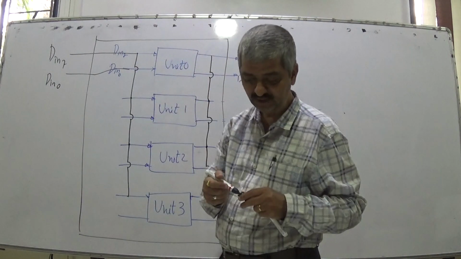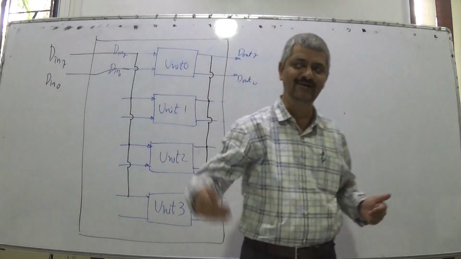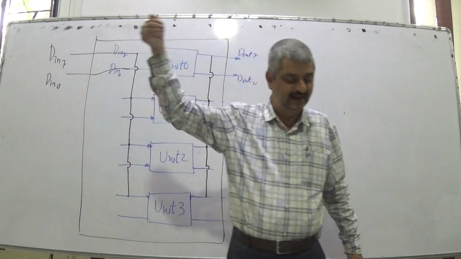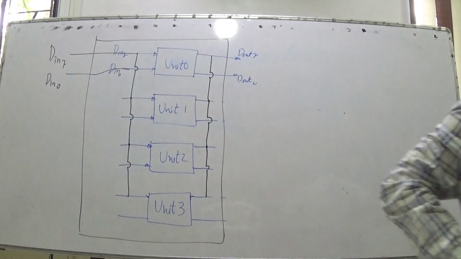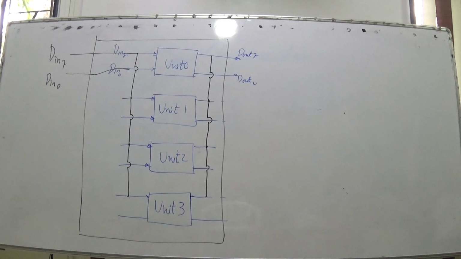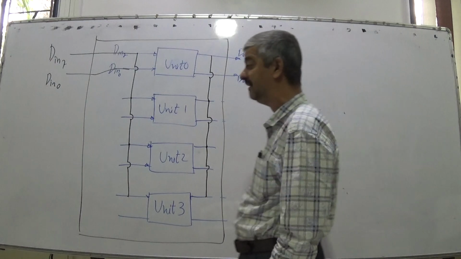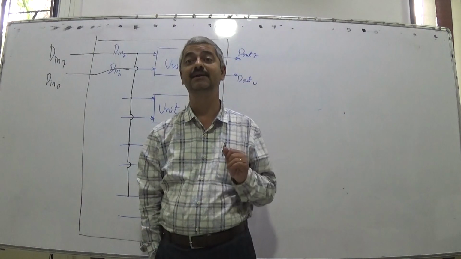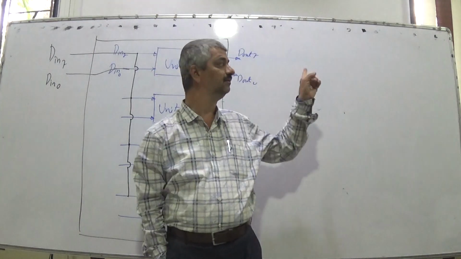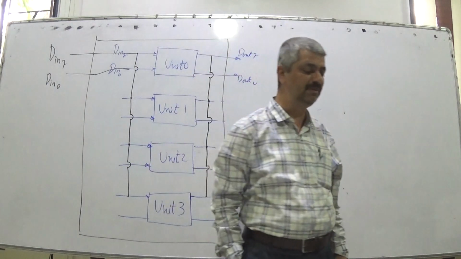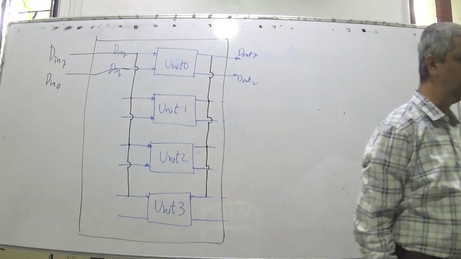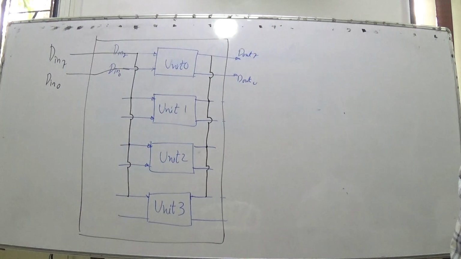So externally there will be 8 input data lines which will go to input data lines of all 4 units. 8 output data lines of all 4 units are combined here. Now there will be a big question. How can you combine output lines?